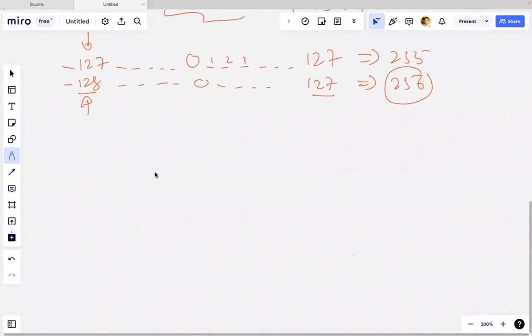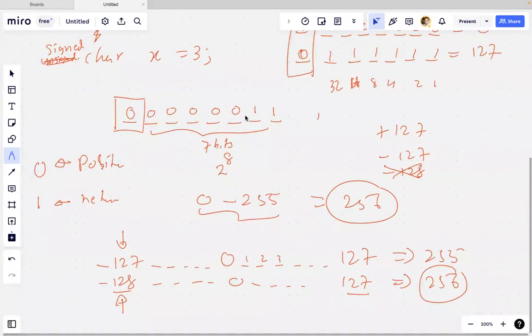let's say there is a value 3. So here the most significant bit is 0. Then the value is 3. Isn't it? So give me a minute.